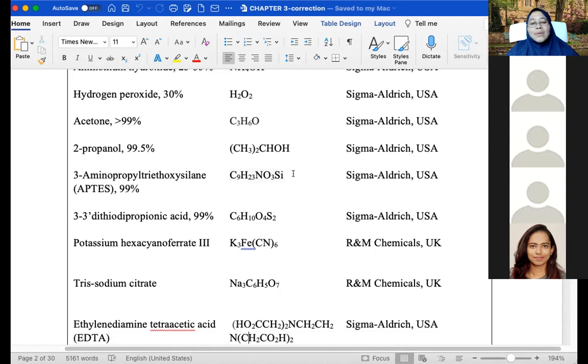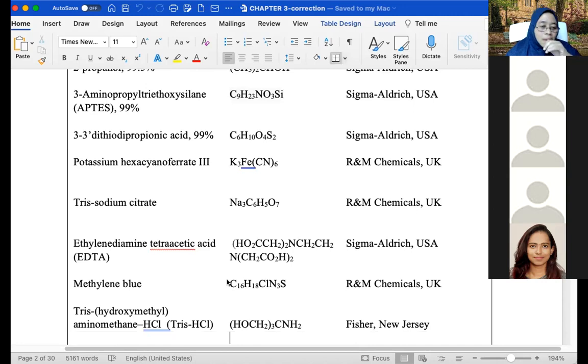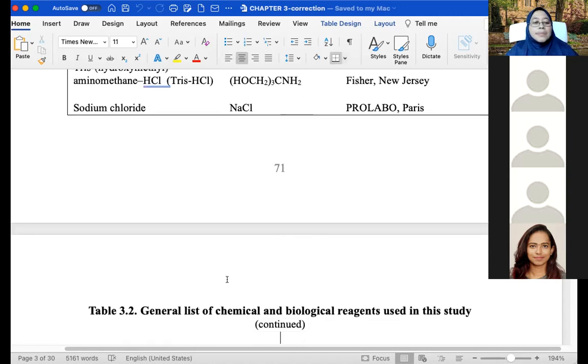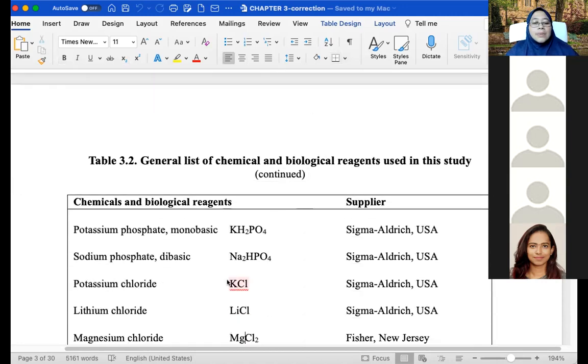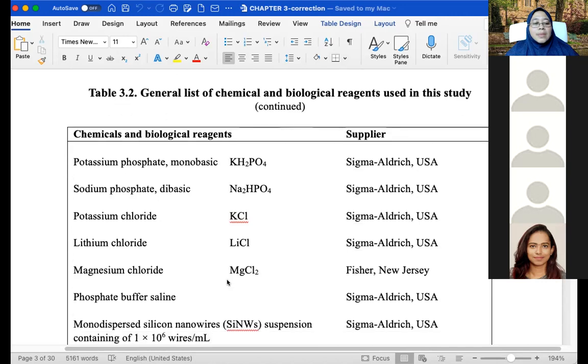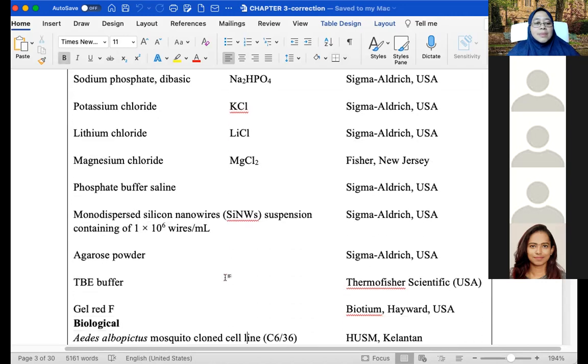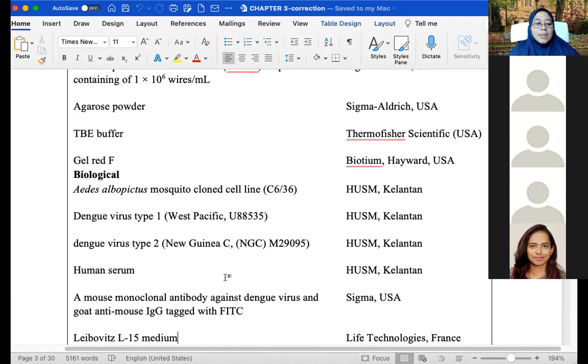But if you cannot get from Sigma because it's expensive, make sure the purity and the type, whether it's hydrous or anhydrous, is correct. This is common chemicals, and then you have to detail out where you got the dengue virus.